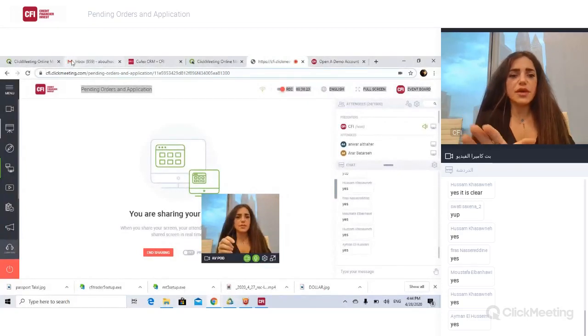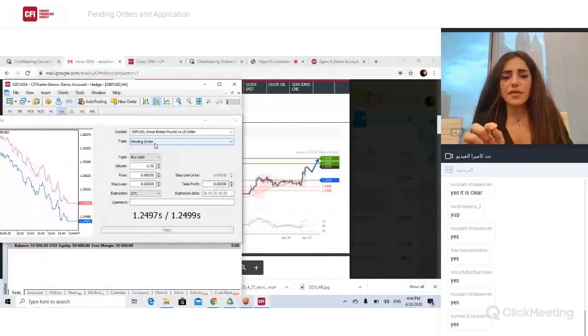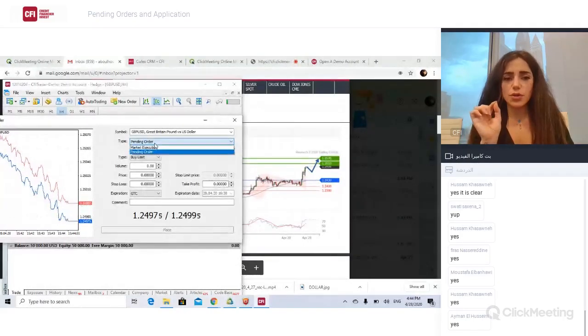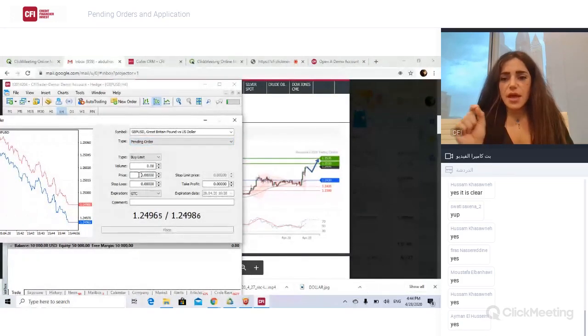Here I have my little window where I specify my order type and the volume that I want, and then I manage risk by specifying a stop loss and take profit. I decided I want to go for a pending order, not a market execution. For a pending order, I need to specify the price here.